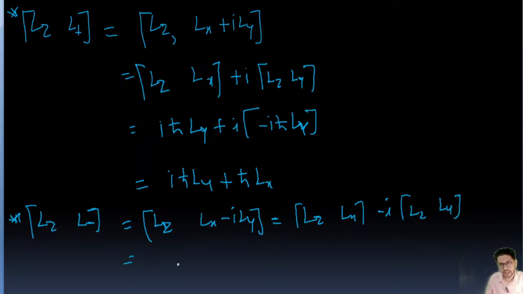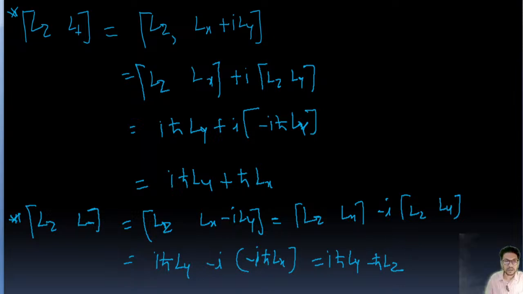Lz Lx is in cyclic order, so iota h cut Ly, minus iota Lz Ly, which is in reverse order, not in cyclic order, so Lz Ly is minus iota h cut Lx. So this value is iota h cut Ly, and minus minus plus, iota square is minus 1, so minus h cut Lx.